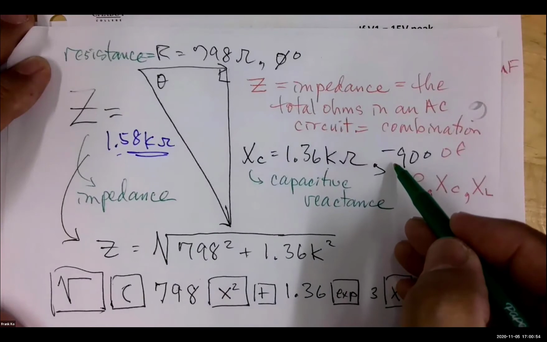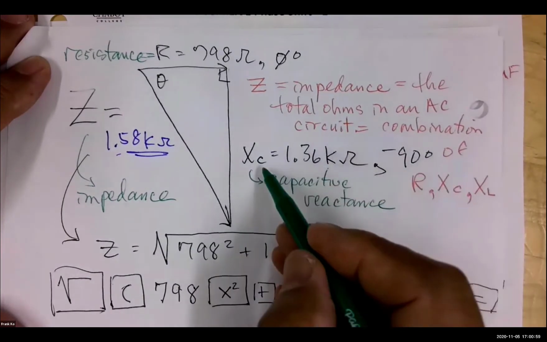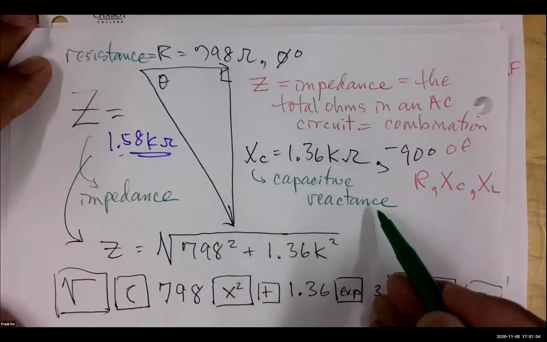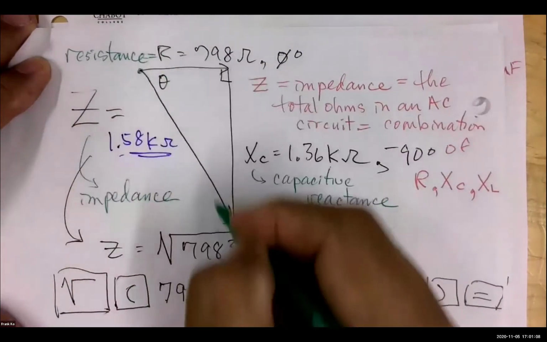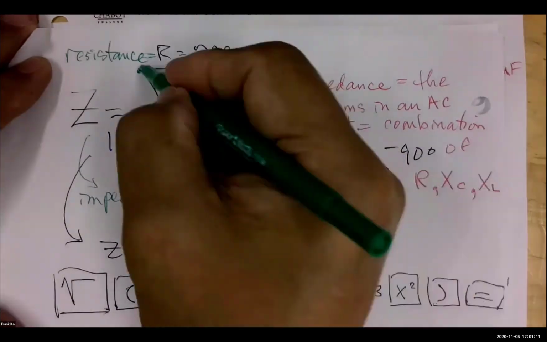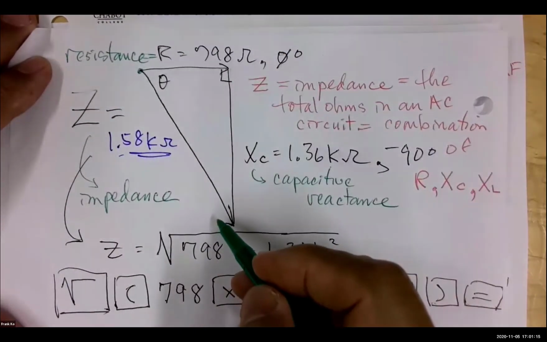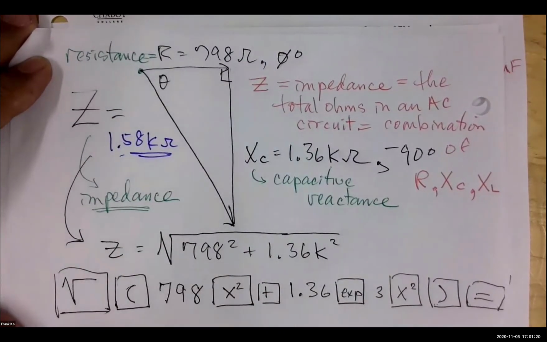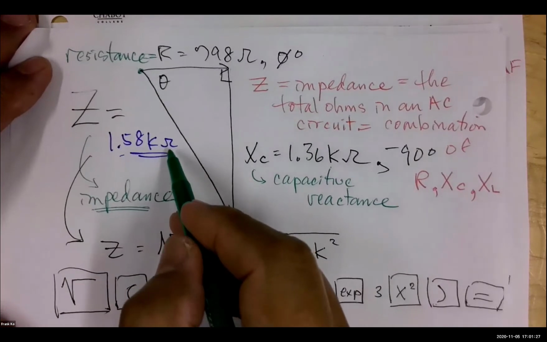When it points down, it is how many degrees? Negative 90 degrees. What do we call the X sub C phasor? It is called capacitive reactance. And they form these sides of a right triangle. So if I go from the starting point and connect it to the end point, I draw this line. This line is the hypotenuse of a right triangle. This, in electrical terms, represents something we call impedance. And impedance is represented by the symbol Z, and is measured in units of ohms. How do I calculate it?